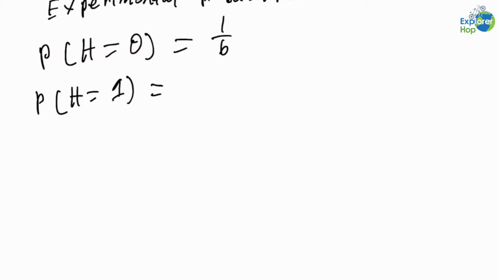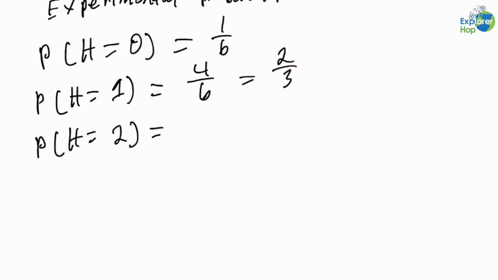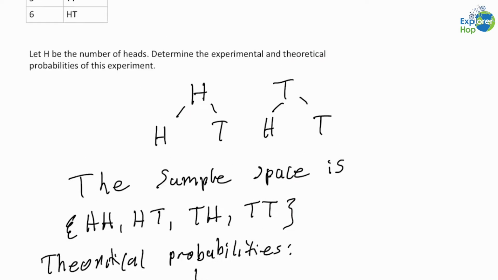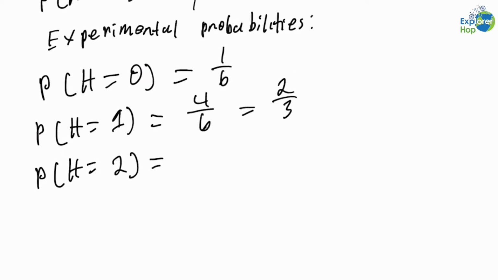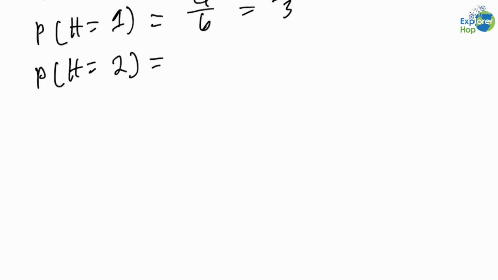So the probability of h being equal to 1 is equal to 4 over 6, which is equal to 2 over 3. And finally, to find the probability of h being equal to 2, which is the probability of having 2 heads, we go back to our table and we see that we have 2 heads only on trial 2. So the experimental probability of h being equal to 2 is going to be equal to 1 over 6.